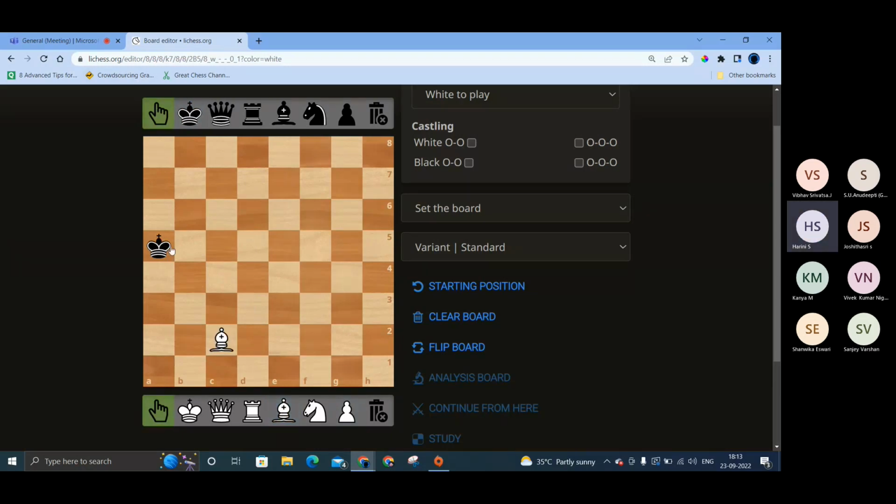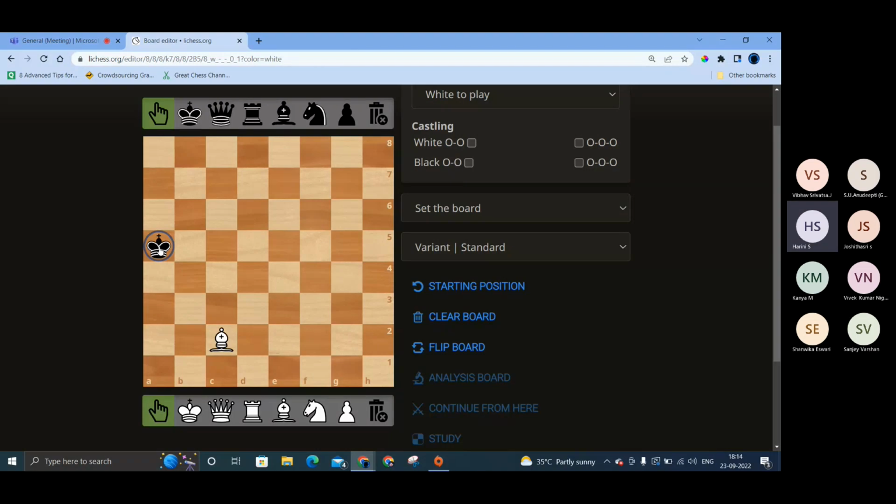So Vardhan, can you tell me where all this king can move? Yes, king is here. He can move one step. A4.